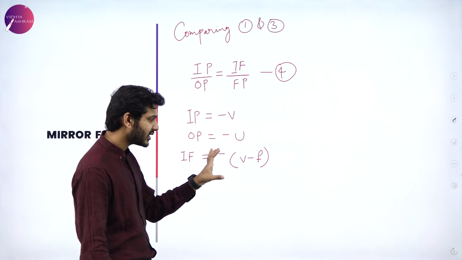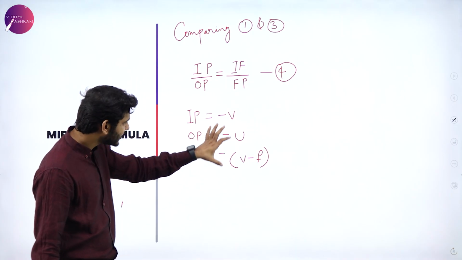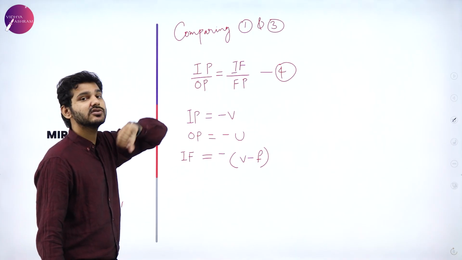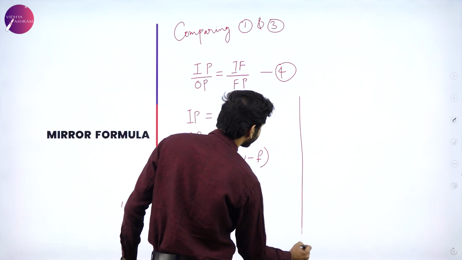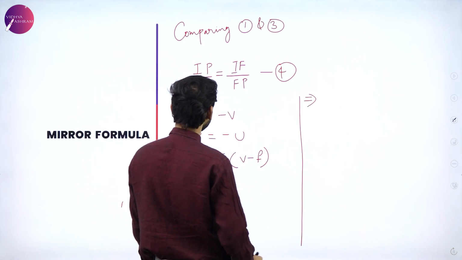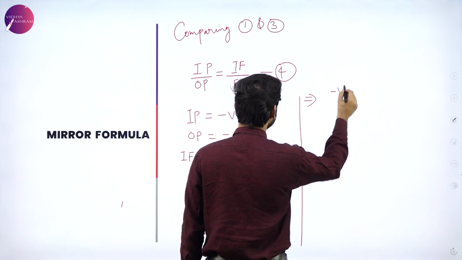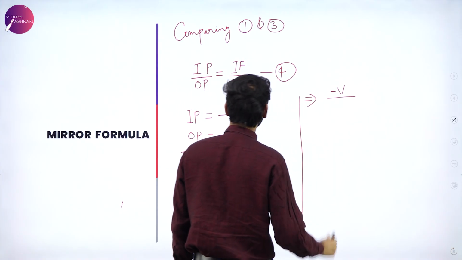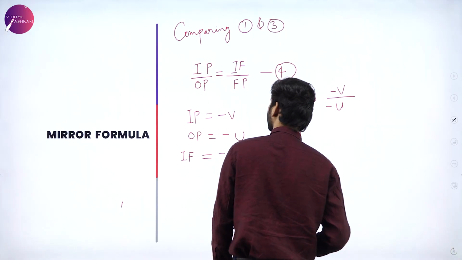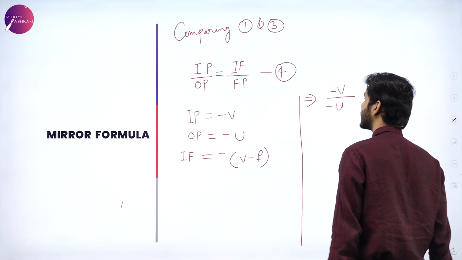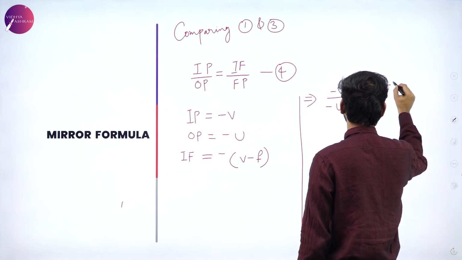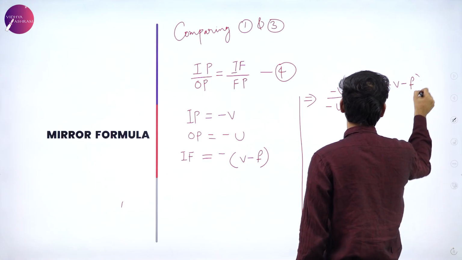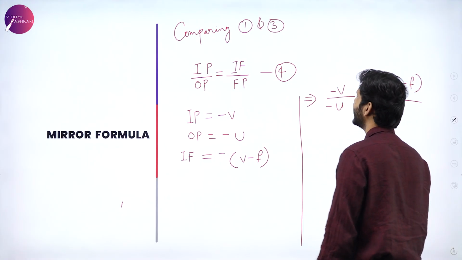Substituting all these results, IP is nothing but negative V divided by OP, which is negative U, and the negative signs will cancel each other, which is equal to IF, which is negative V minus F, divided by FP.